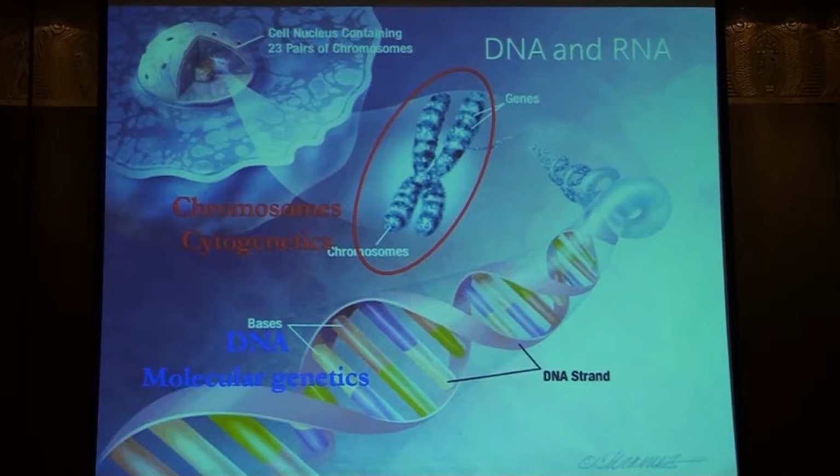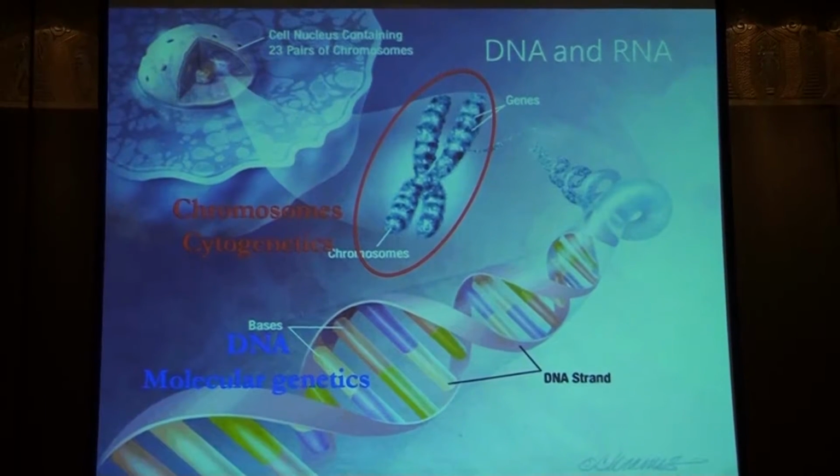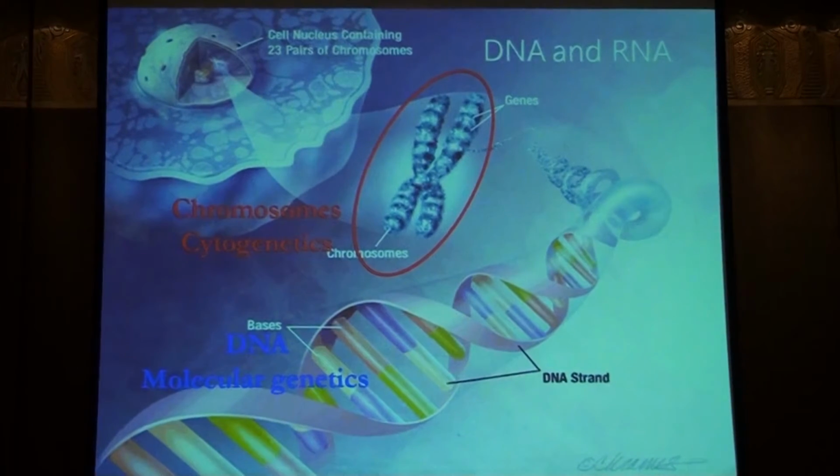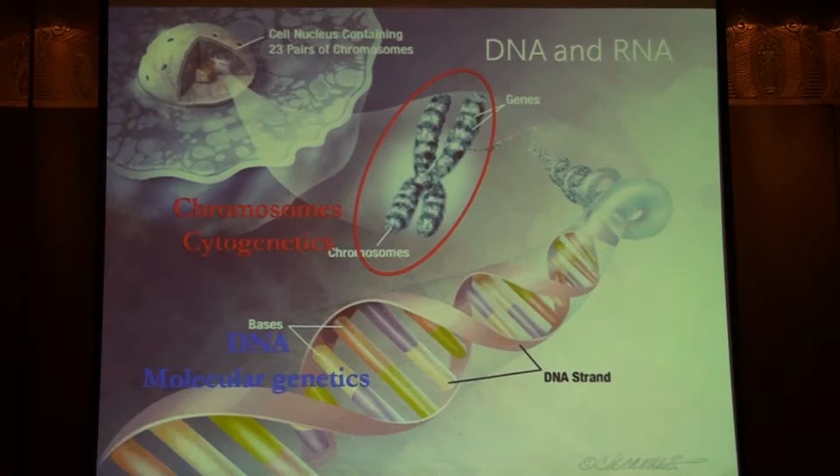So either you study the genetics at the level of the chromosomes, and this is what we call cytogenetics, or you go and sequence or read the nitrogenous bases of the DNA.